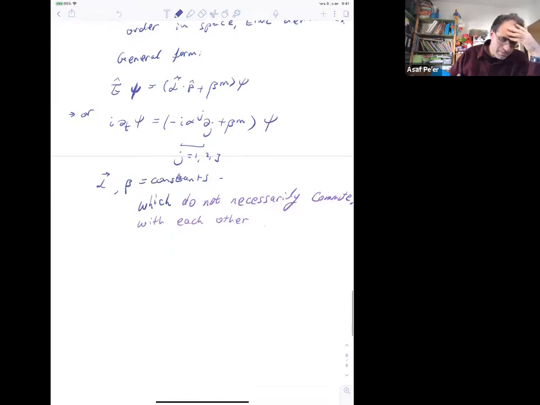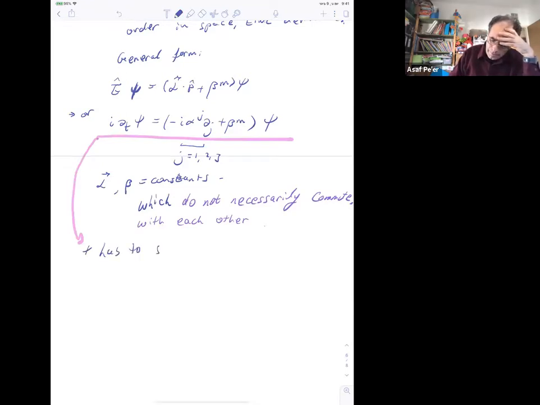So this equation has to satisfy the Einstein relation. Right, E squared is P squared plus M squared.